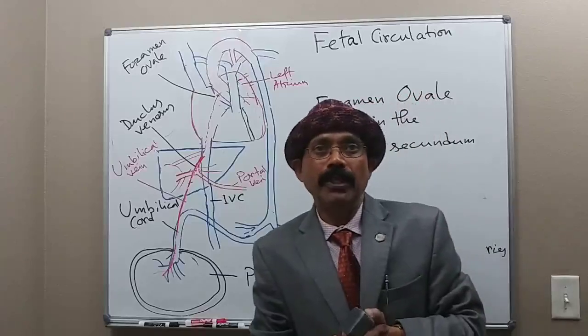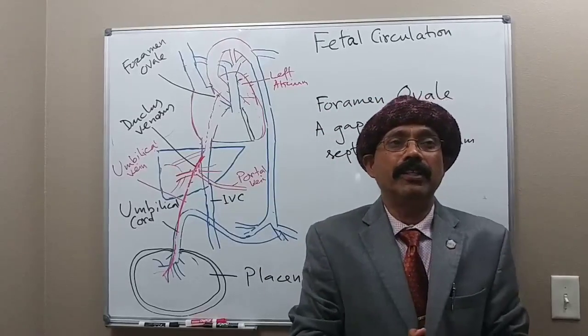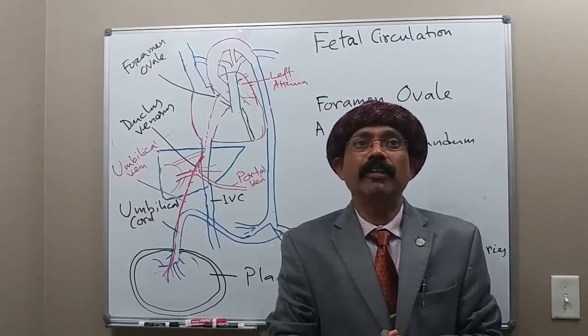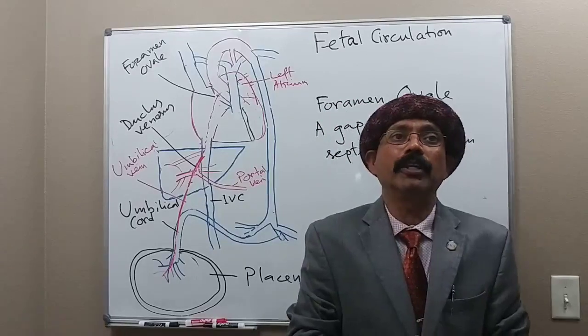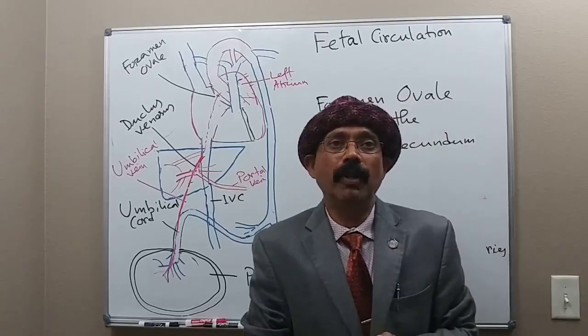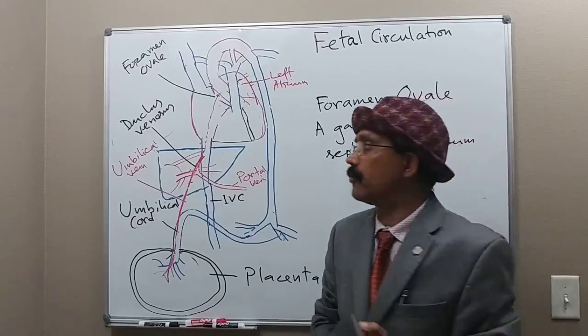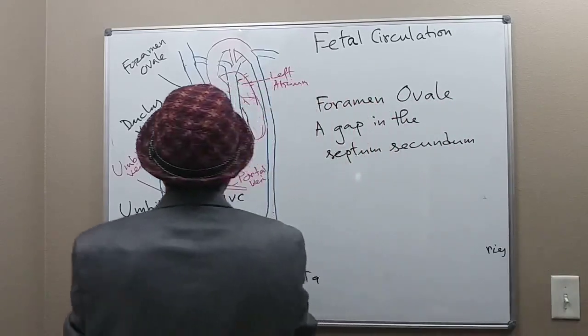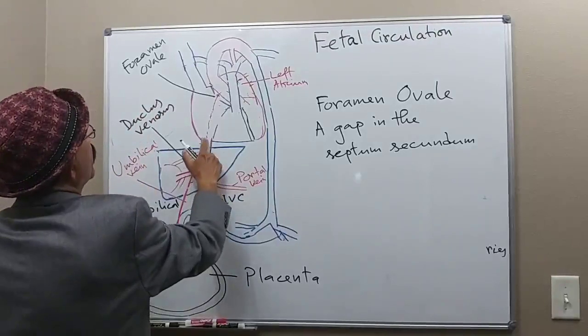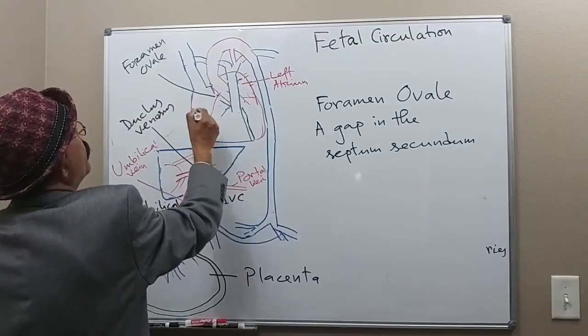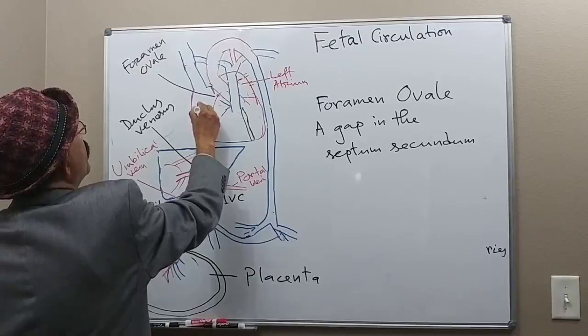Blood from the superior vena cava enters the right atrium, passes to the right ventricle and moves into the pulmonary trunk. Most of this blood enters the aorta via the ductus arteriosus. This is our inferior vena cava opening into the right atrium. This is the right atrium.